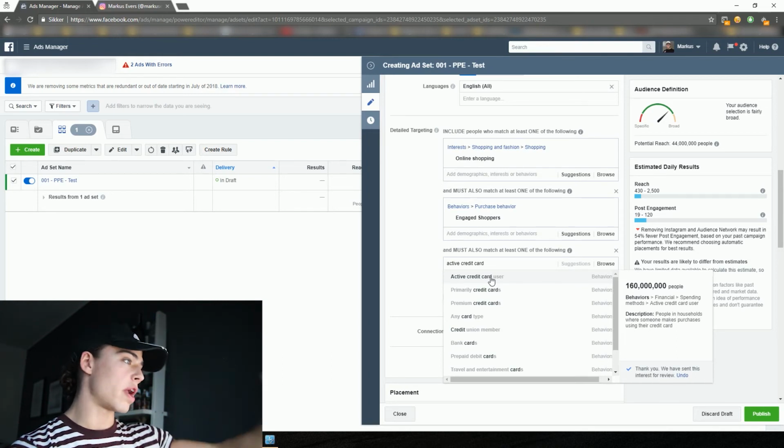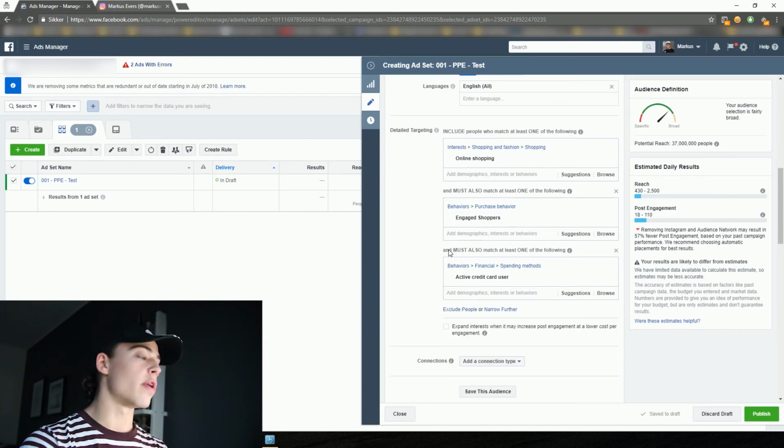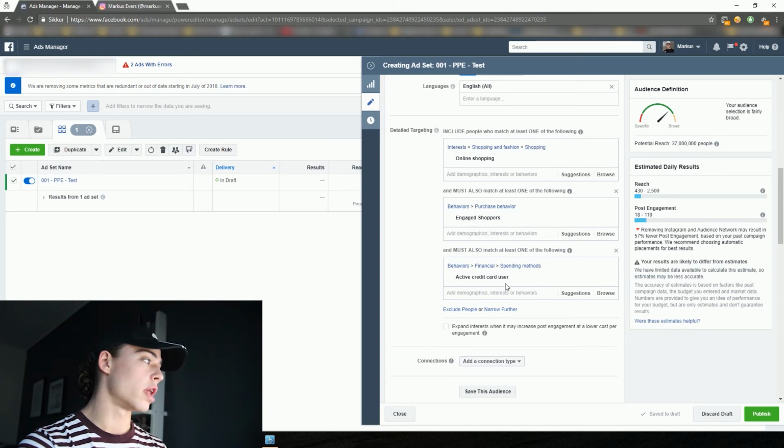As you can see right here, we have narrowed down from about 150 million people to 37 million people. This is an audience which is very likely to buy products online: active credit card users, engaged shoppers, and online shopping.